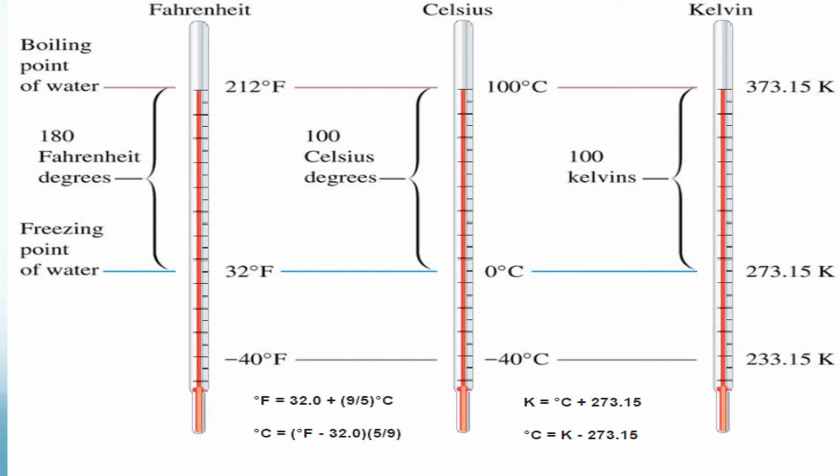So there are some equations that we can use to convert Celsius to Fahrenheit and Fahrenheit to Celsius. If we'd like to convert Kelvin to Celsius, we can use this equation.